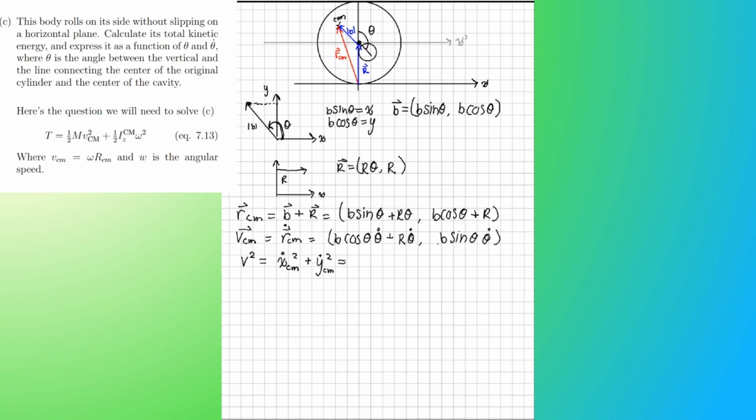So we can already see that we have theta dot squared multiplied by b squared, and then after we will have plus 2br cos theta. This is from having this squared, and then plus r squared. So we have our speed at the center of mass.